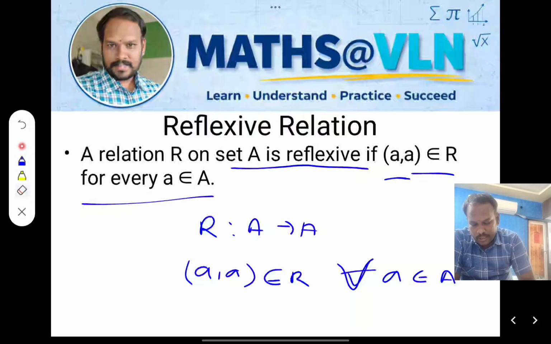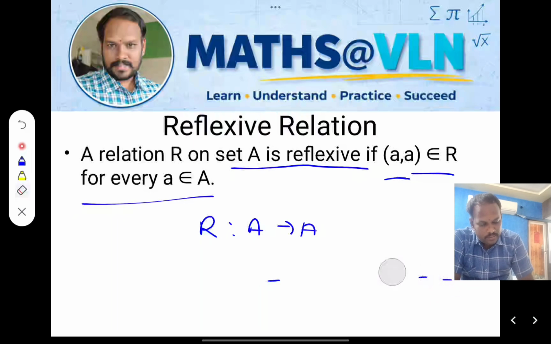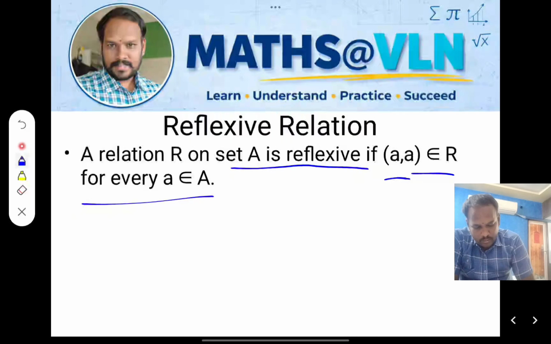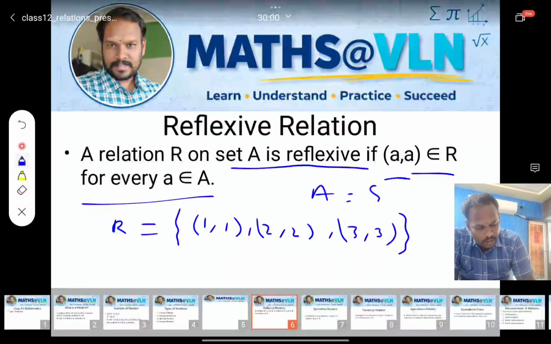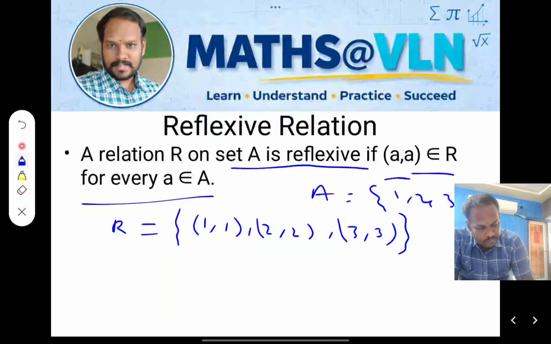So let me explain one example here. The relation {(1,1), (2,2), (3,3)} is a reflexive relation on the set A equal to {1, 2, 3}.